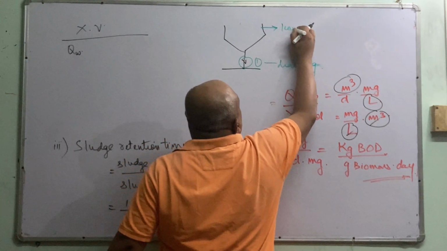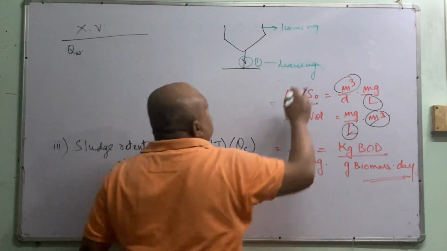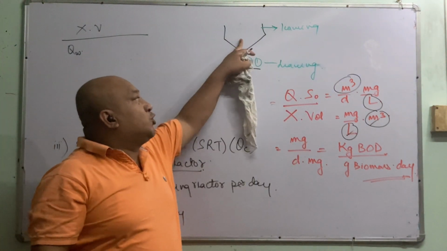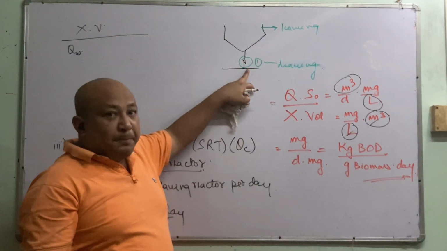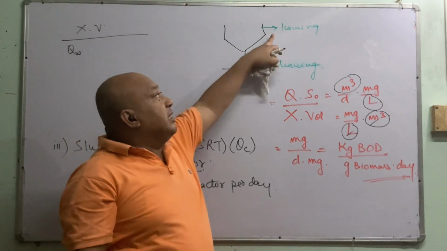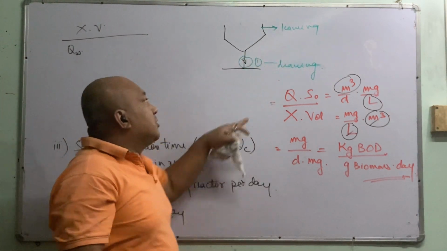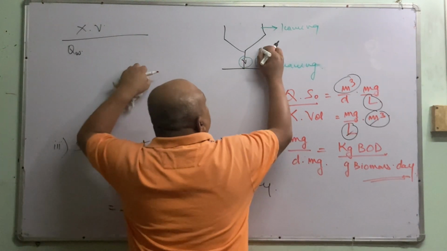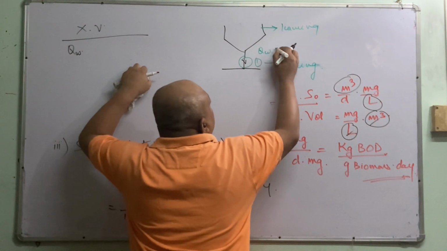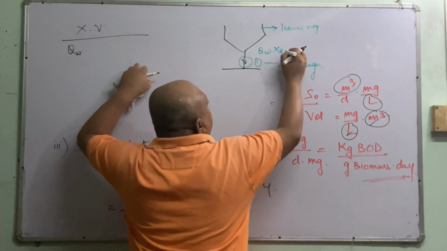So the sludge leaves the reactor in two ways. One is from the bottom part, and another one is in the effluent, correct? This part is QW and it was XR, correct?